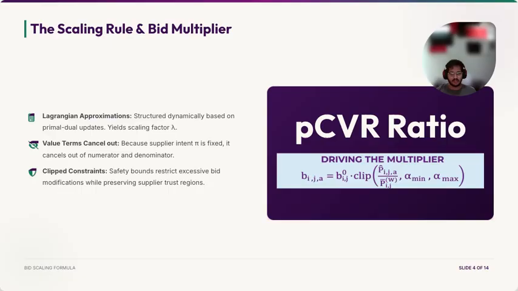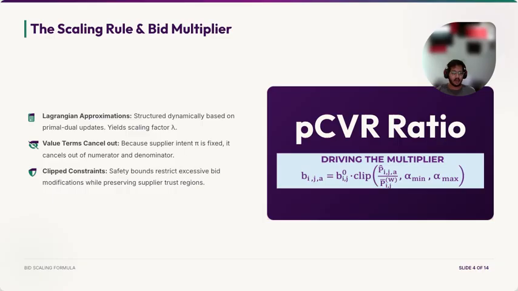Under the simplifying assumption of a fixed supplier value from a sale, we get an expression for the bid multiplier purely in terms of the post-click probability of conversion, or the PCVR post-click. This is shown within the first term and the clip part of the bid multiplier, where p hat ija is the current PCVR post click in the auction given all the context surrounding it, and the denominator is the average PCVR post click for that SKU.